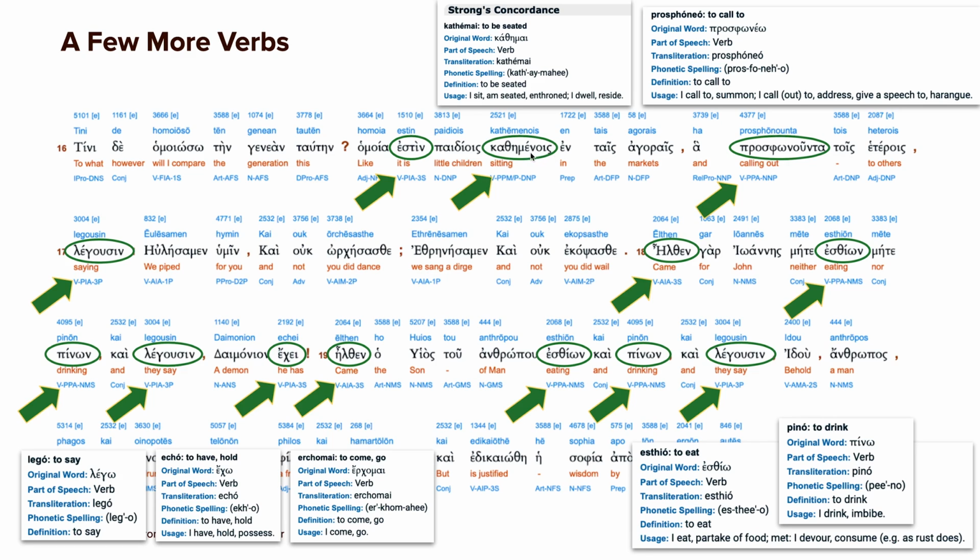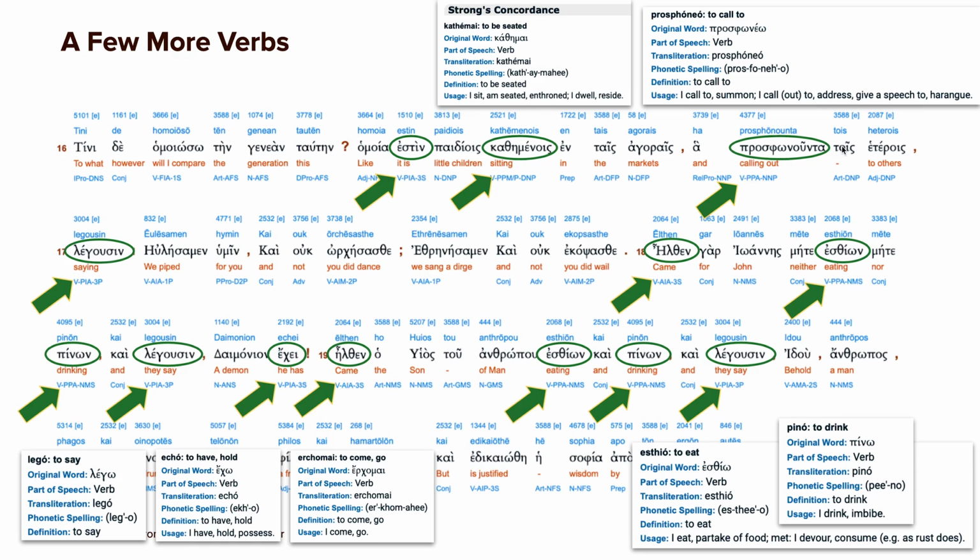Kathemenois. Remember, men indicates that it's the men that are passive and sitting in the middle of the pews, not doing their part. Thank you, Rob Plummer. We have a present participle, that's middle passive, in the dative plural. That's why we have the ois at the end. Kathemenois. All right, and calling out, prosphonounta. This is our present participle, active, nominative, neuter plural.